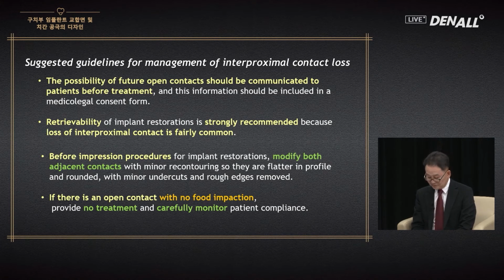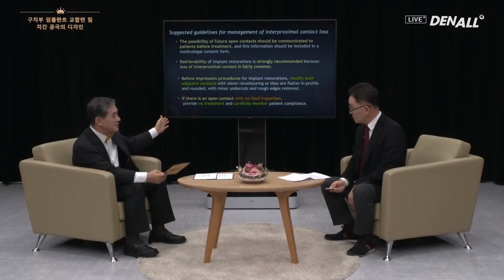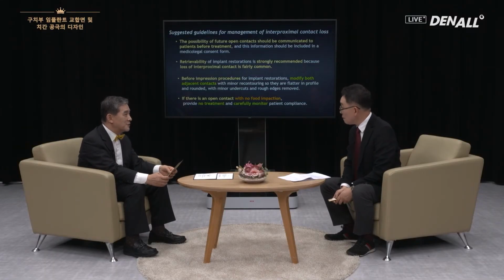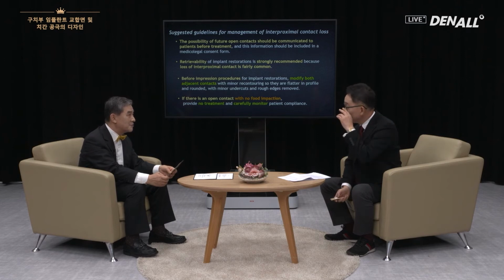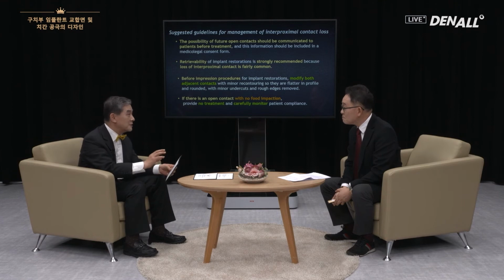The 8 items in the guideline and the paper you mentioned, getting the ICF from the patient after explaining about the open contact that will happen over time. That was pretty shocking in an amazing way. I've never obtained ICF signature from a patient.